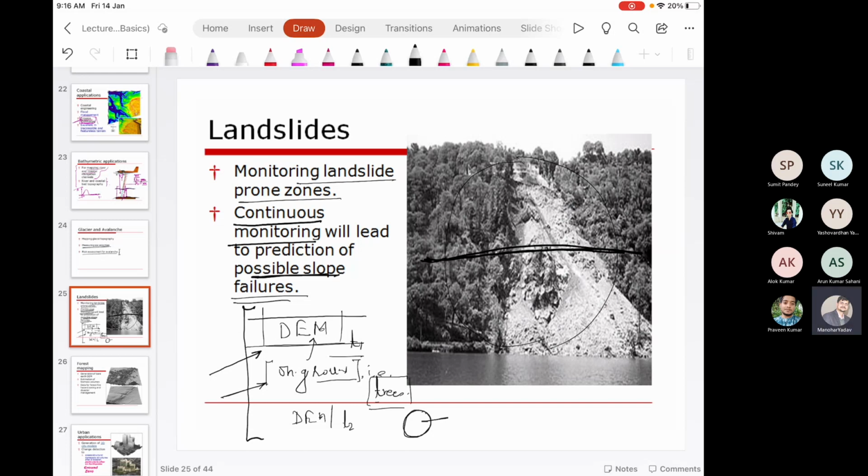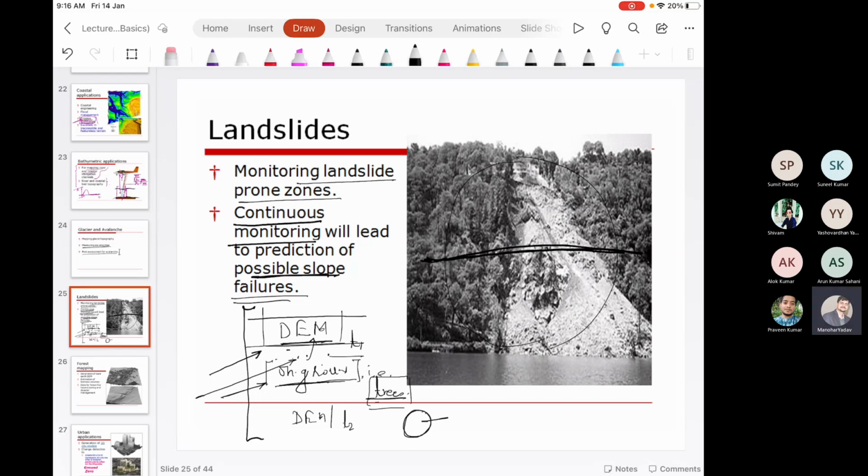So LiDAR is the preferred choice due to its capability to penetrate the tree canopies and go to the ground, and that ground geometrical information is also estimated. This is the reason why once you remove the on-ground objects like trees, you still have ground points, and using those ground points, a digital elevation model can be generated.